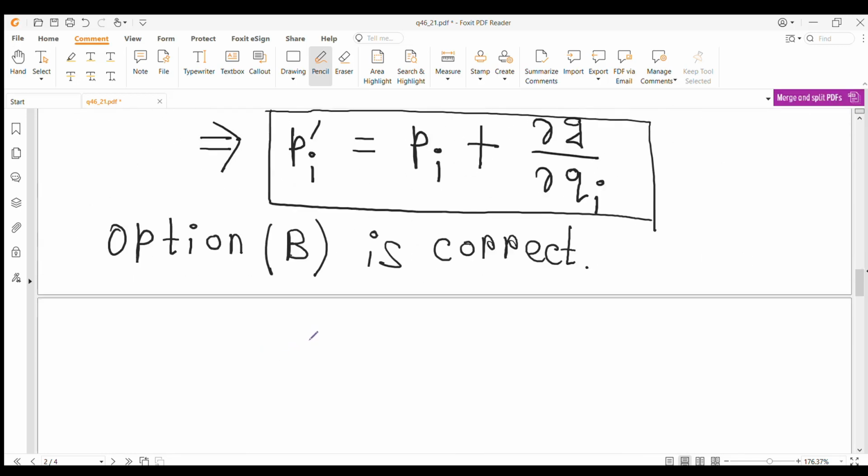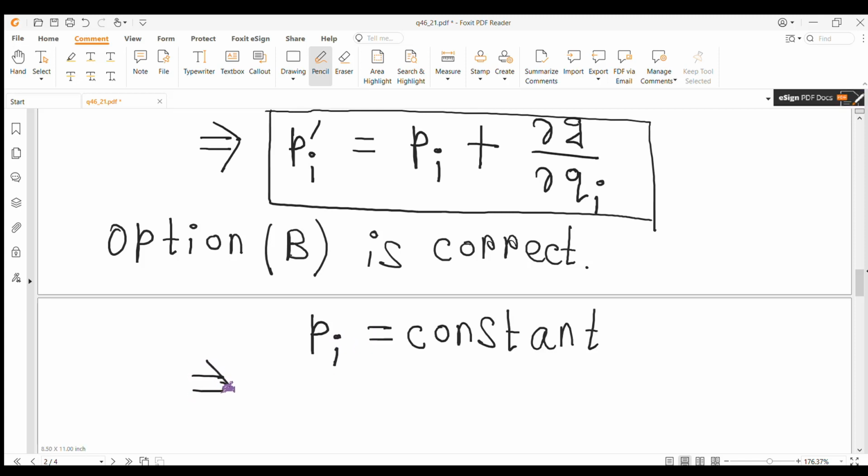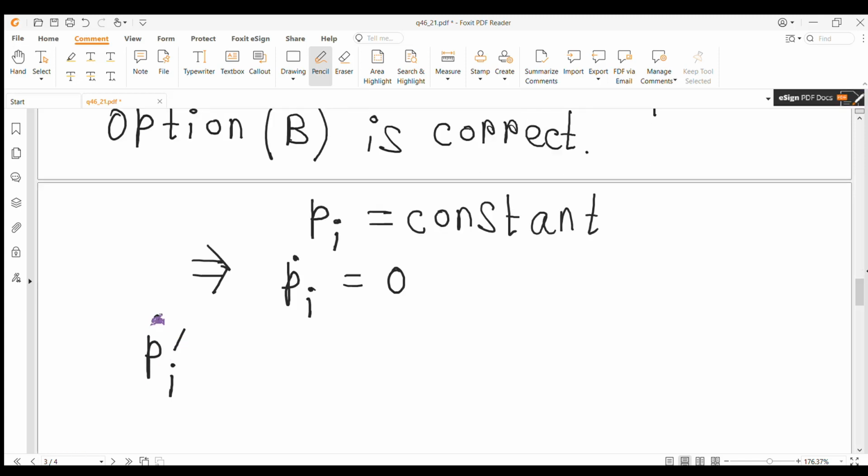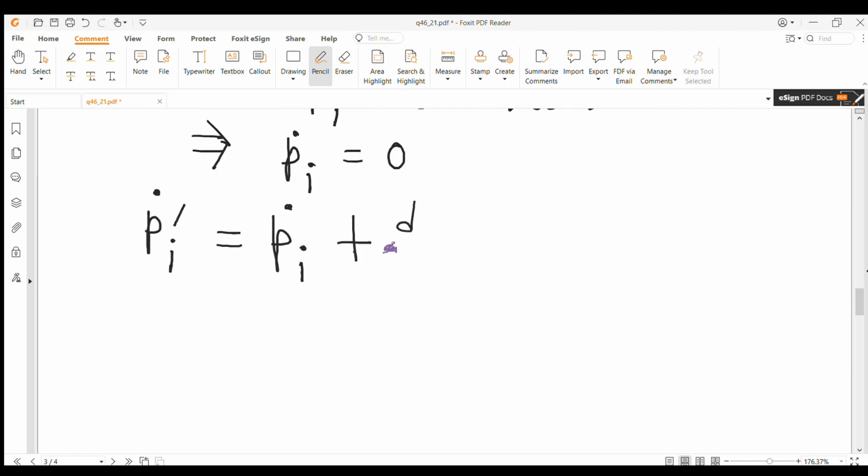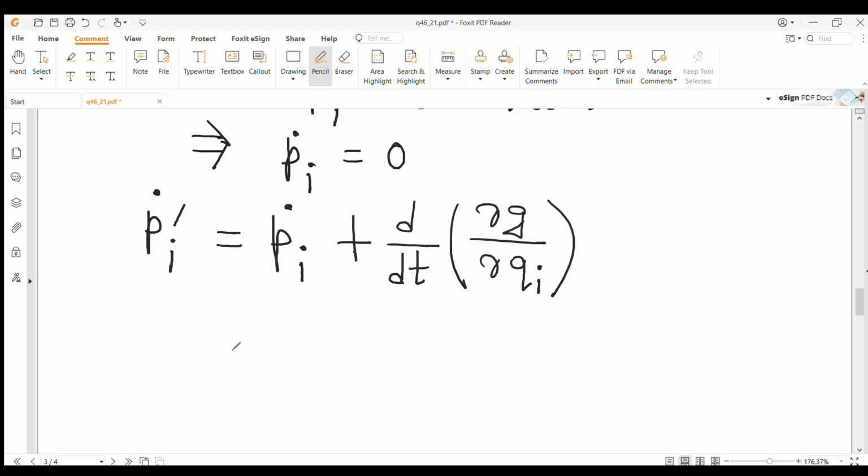Now if p is conserved, p dot is 0, then p prime dot is equal to p dot plus d/dt of ∂g/∂q. Here p dot is 0.